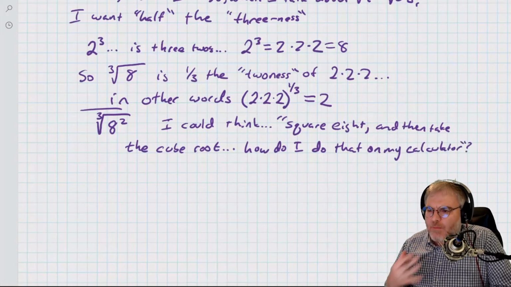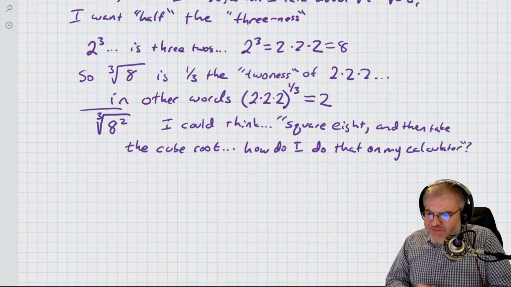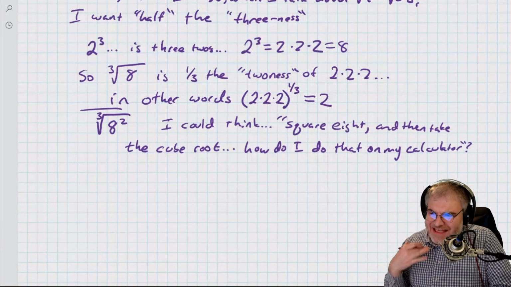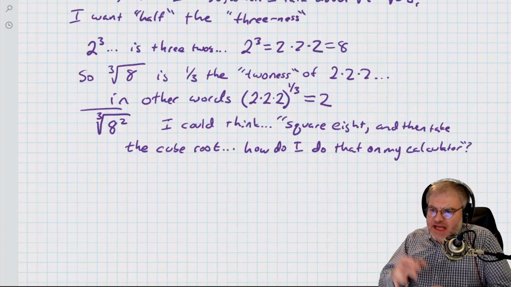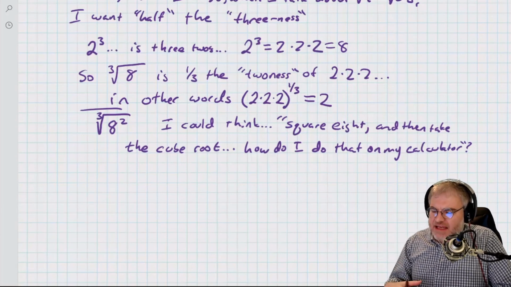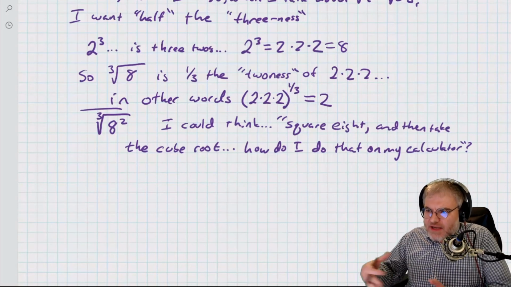Or I could think about what this is. If instead of 8 squared and then the cube root of it, I think instead I want to double the number of 8s and then take 1/3 of it.